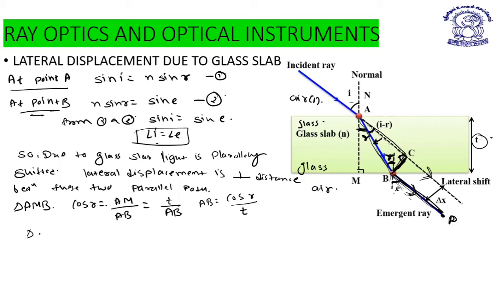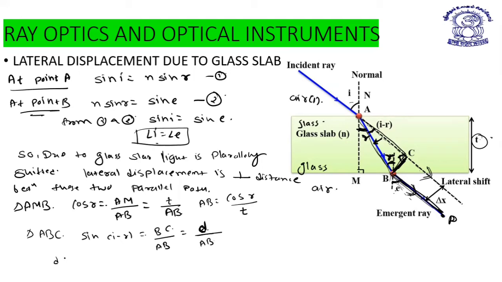Now, in triangle ABC, we can write sine of I minus R is equal to BC divided by AB. Here BC is the lateral shift. Let's say it is delta or D, upon AB.